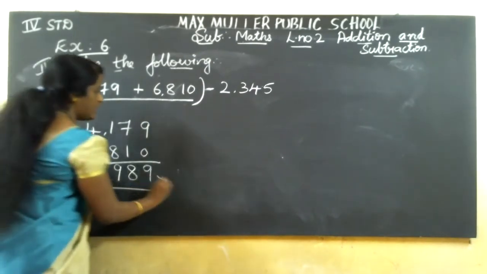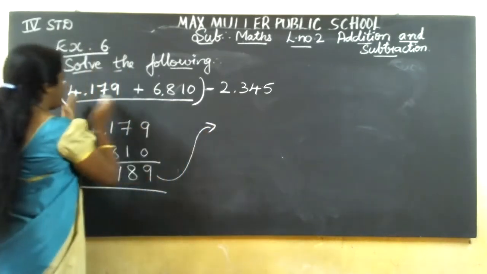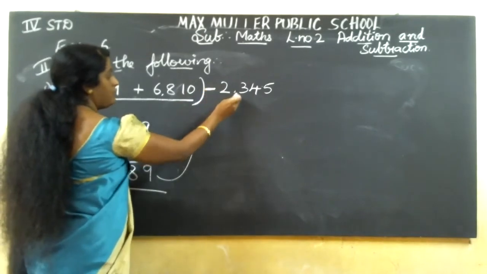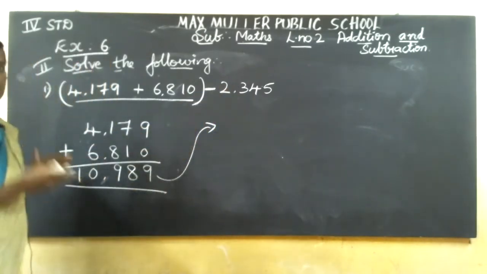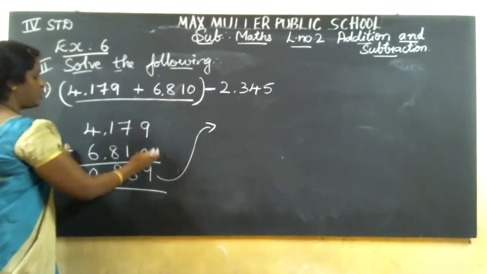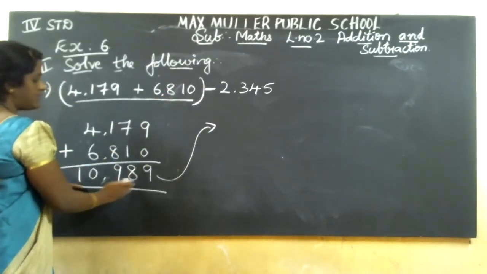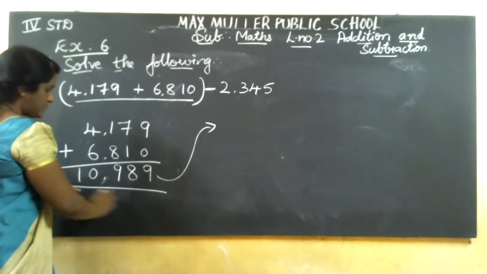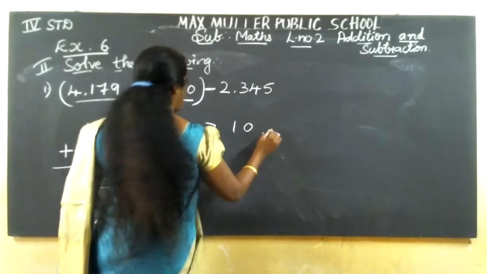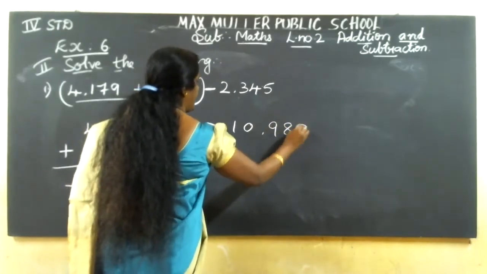What should we do? You may think these 2 we did plus. Here it is minus. In which number are we going to do minus? Subtraction. So when you do addition of these 2 here, what is the answer? The sum will come. This sum we have to copy, 10,989.